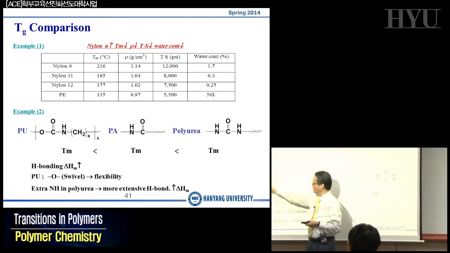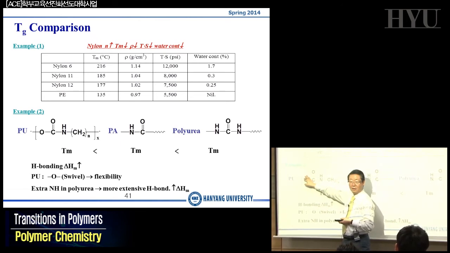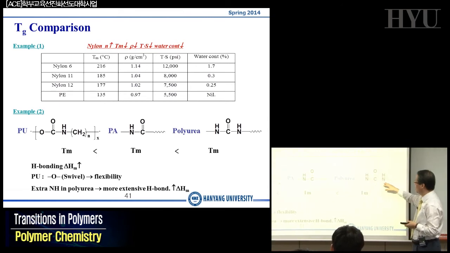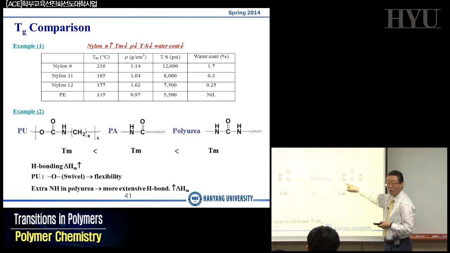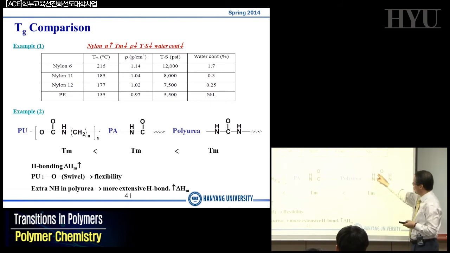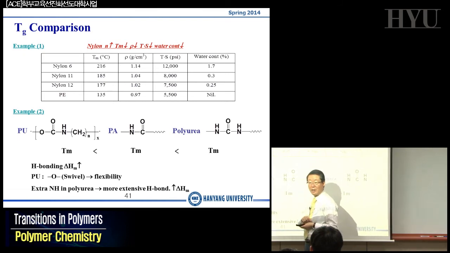What about if you have one more oxygen next to the carbonyl? This is what we call urethane. And if you have one more NH group, this is called urea. Urea, amide, and urethane. Urea has one more hydrogen bonding site compared with the polyamide.